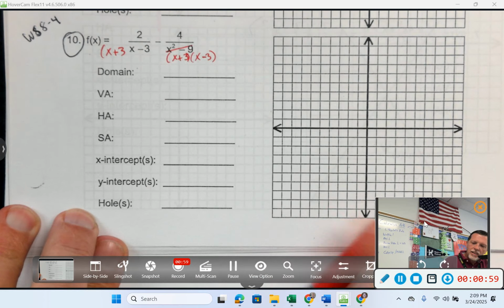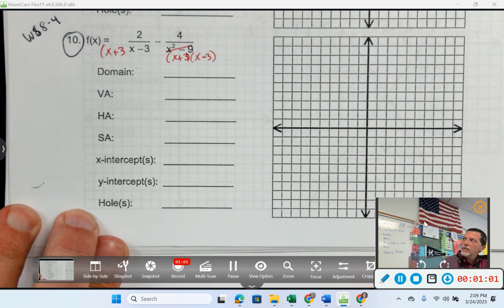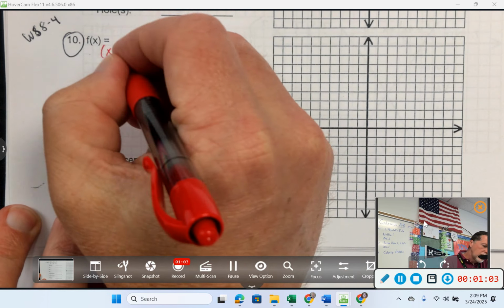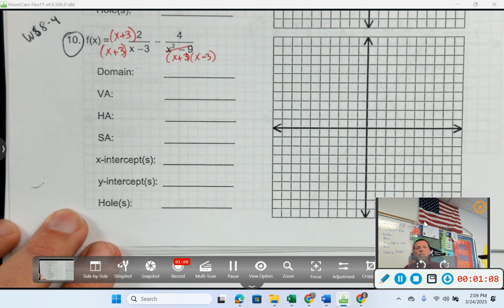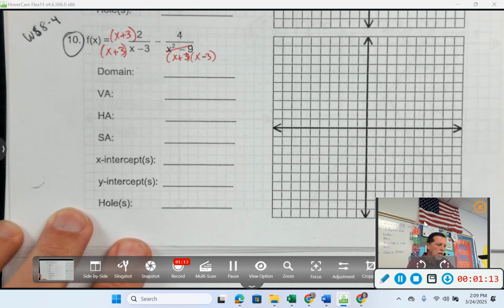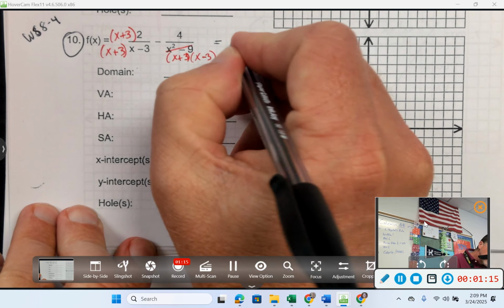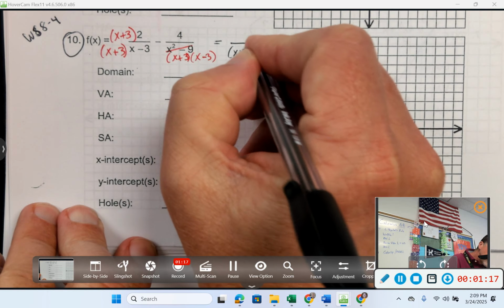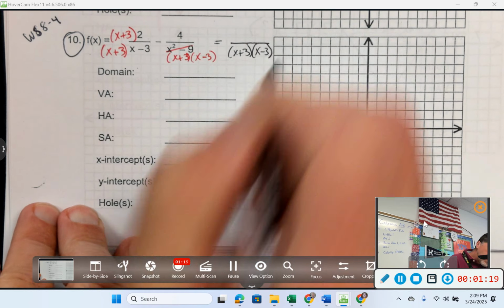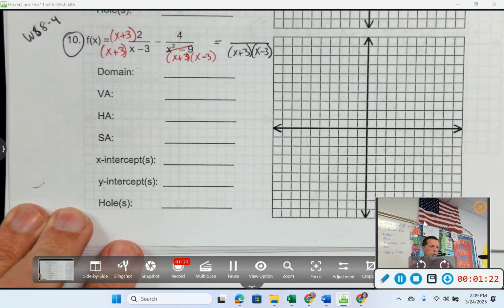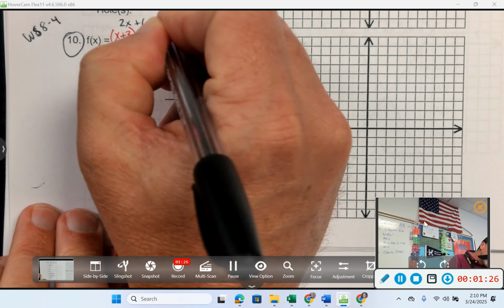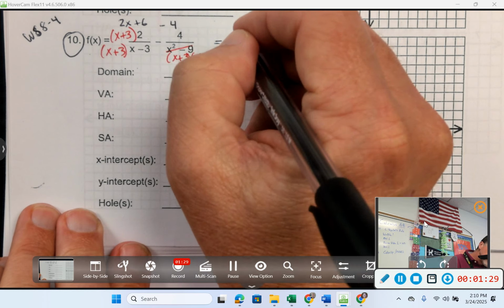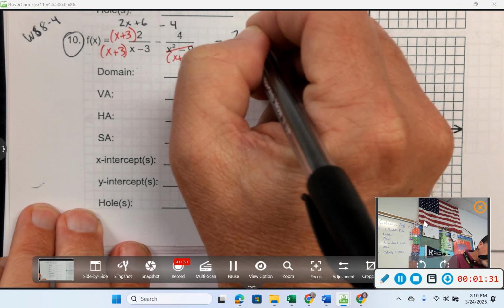Oh, did I? No wonder you're looking at me crazy. There we go. So now I've got a common denominator of x plus 3, x minus 3. And in the numerator, let's see, 2x plus 6 minus 4 is 2x plus 2.